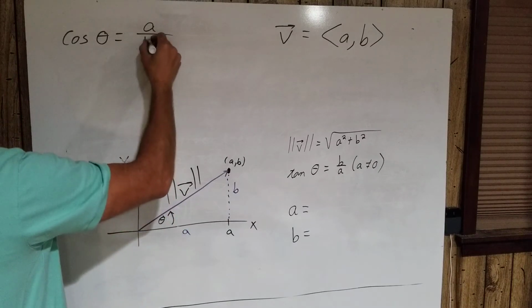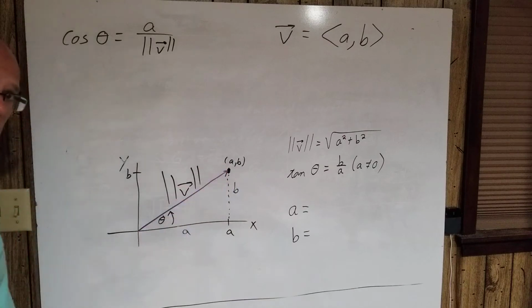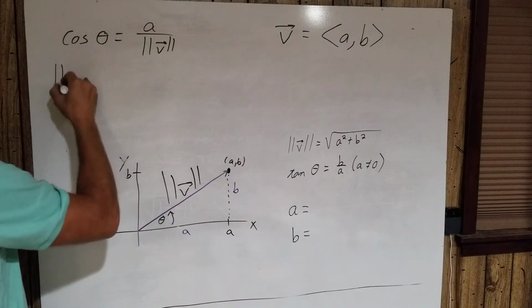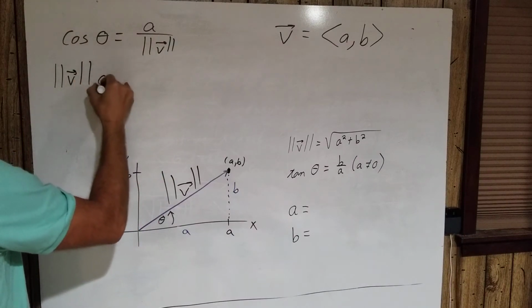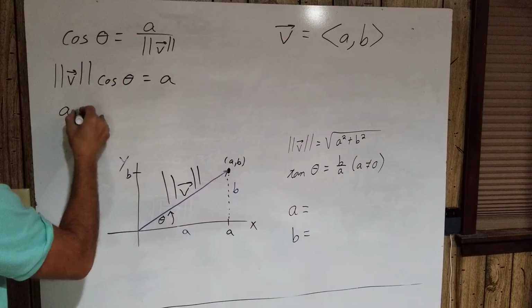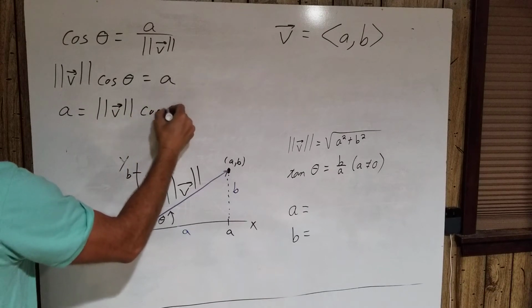So I'd have a over the magnitude of vector v, because we're looking at length over length. What happens when I multiply both sides by this denominator? I get the magnitude of vector v times the cosine of theta equal to a, or a is equal to the magnitude of vector v times the cosine of theta.